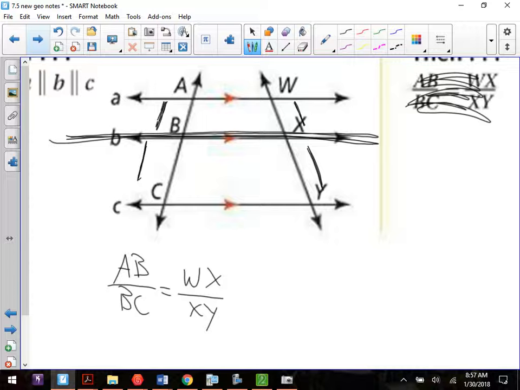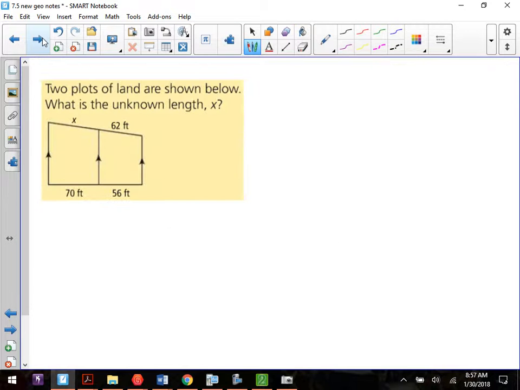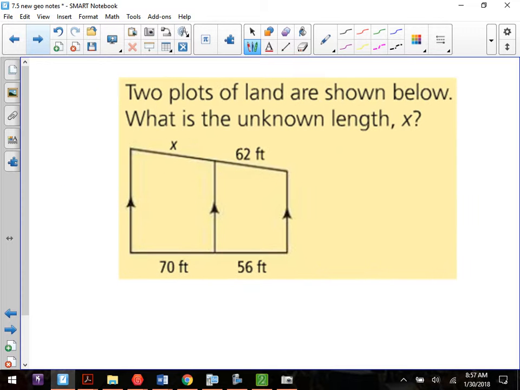Example-wise, when you see one... See how it's got the 3 parallel lines? You have your 3 parallel lines, but in this example, see how everything's going vertical?